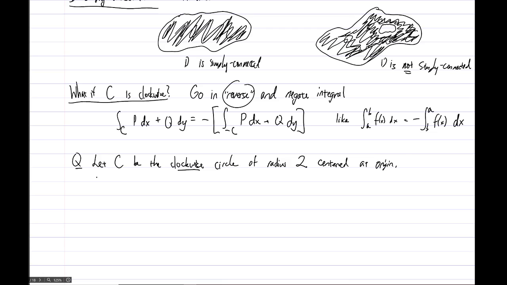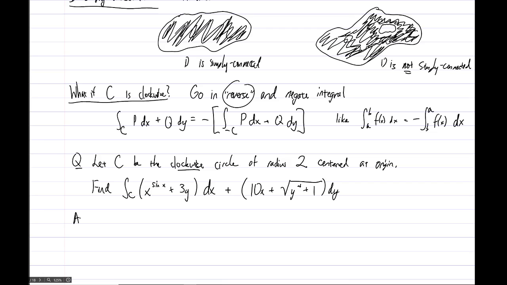Then we're going to find the integral over C of x to the power sine of x plus 3y dx plus quantity 10x plus root y to the fourth plus 1 dy.